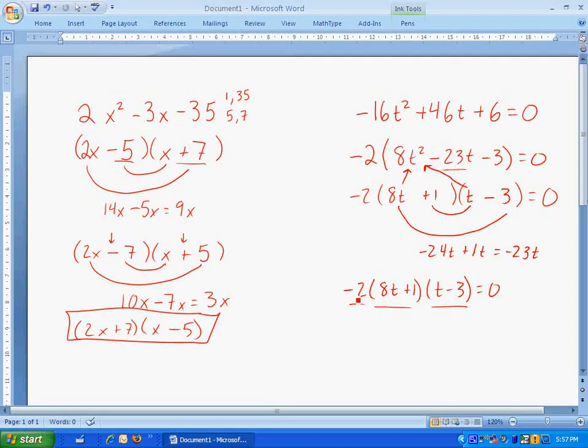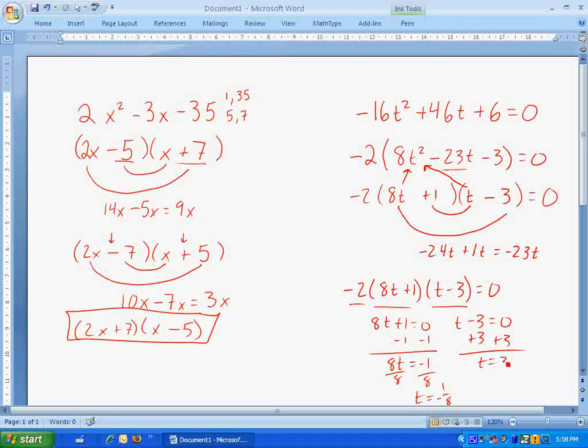I know the negative 2 can't be 0, and so the only possibilities are that 8t plus 1 equals 0 or t minus 3 equals 0. So I'm going to subtract the 1. So I've got 8t equals negative 1. Divide by the 8, and I've got that t equals negative 1/8. Here I just have to add the 3, and I get t equals 3.